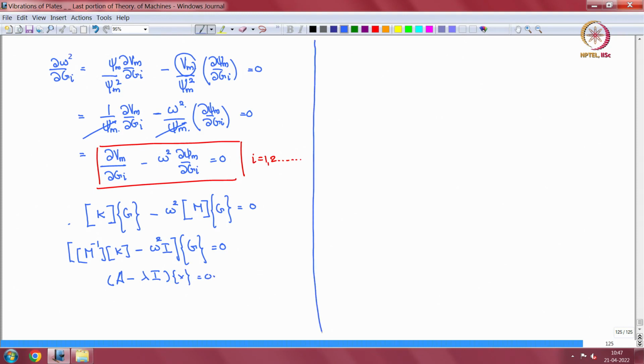The elements K ij and M ij in these matrices can be given straight away.